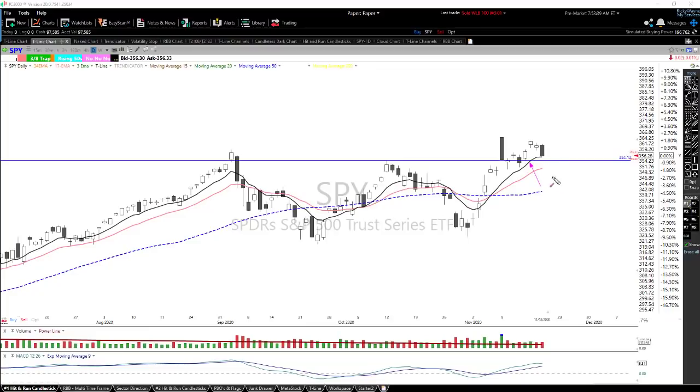Because the T-line is still up and still above our 17, this is our Trendicator just simply without the dots, just a line. So our Trendicator line is still up, and the Trendicator is still above the 50-period moving average, and the 34 EMA is right in here. So everything is still trending up based on the moving averages. For that reason, I'm going to remain a bit to the bullish side.